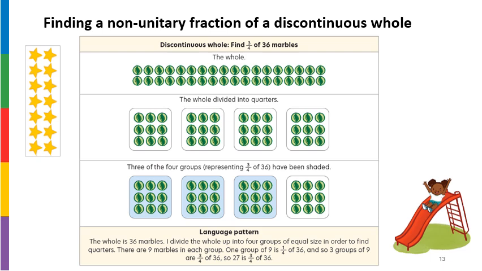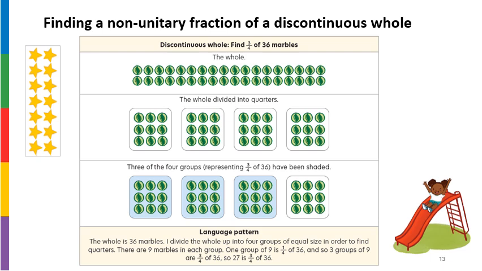Now, to find 3/4 of those marbles, we first have to find 1/4, okay, or divide it into quarters. So what you do is you divide 36 by 4, and that number would be the number that represents 1/4. So 36 divided by 4 is 9.